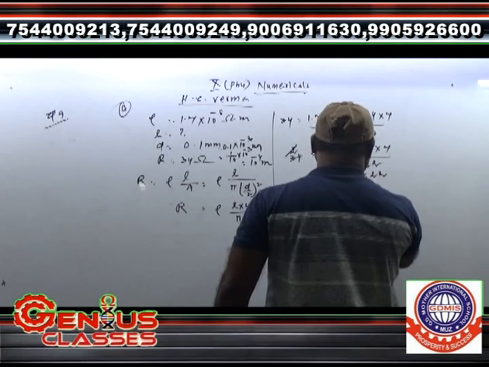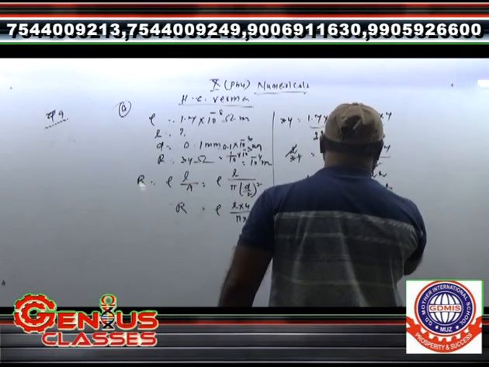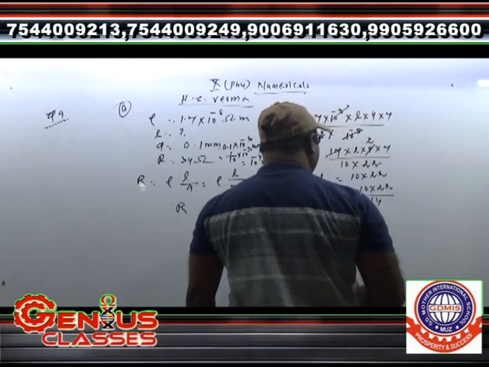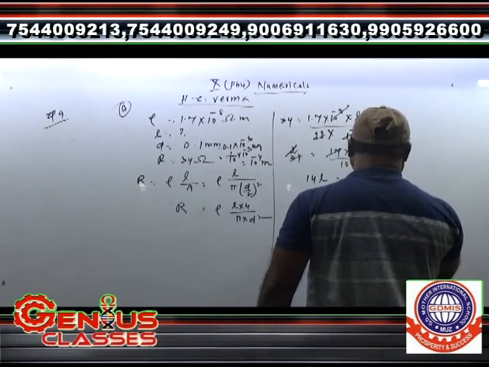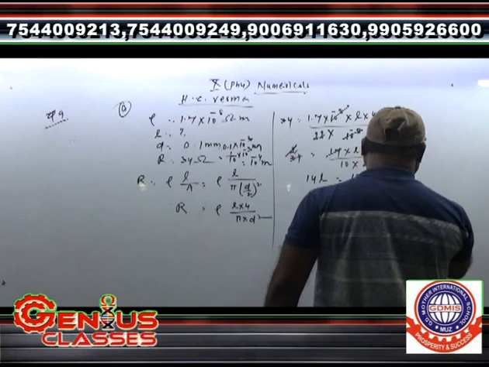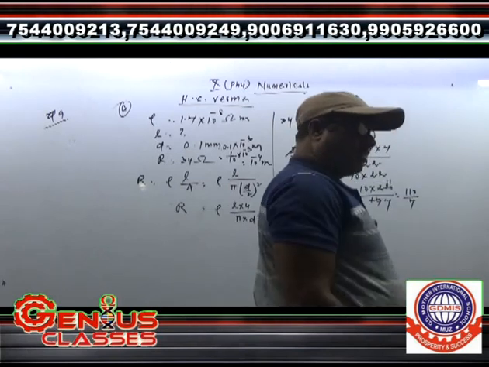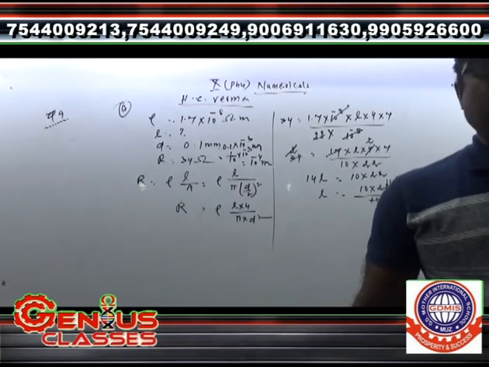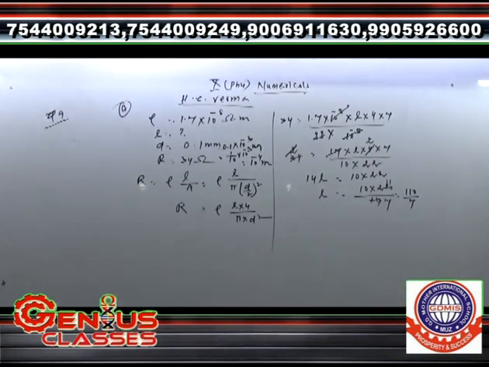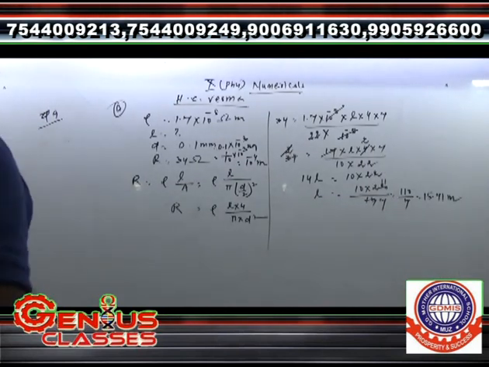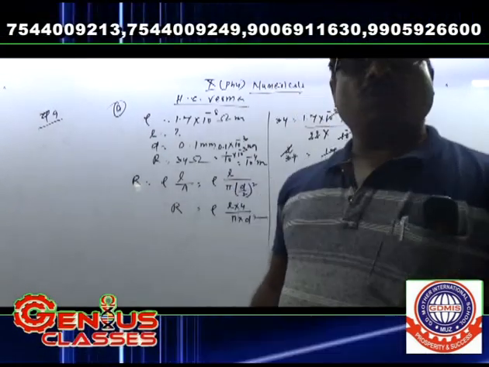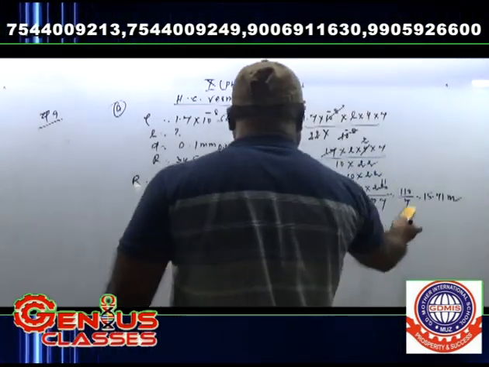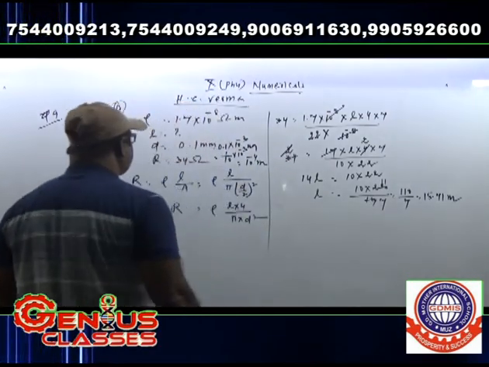L is equal to 10 into 22 by 14, that is 110 by 7. So if you divide, it is clear, L is 15.7 meter.